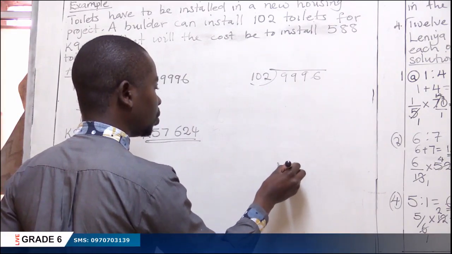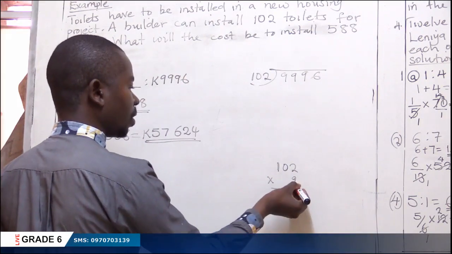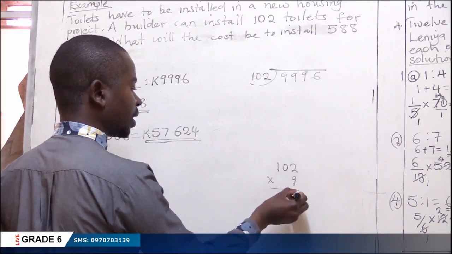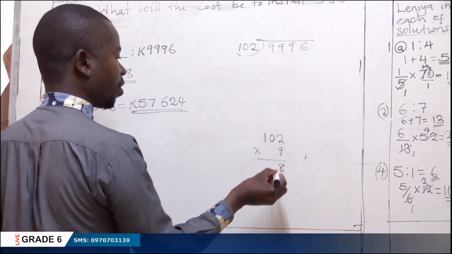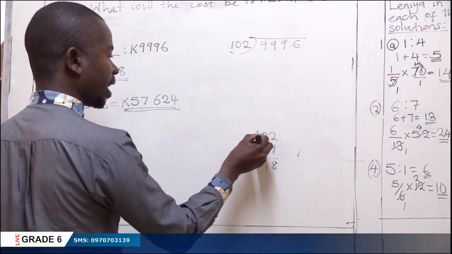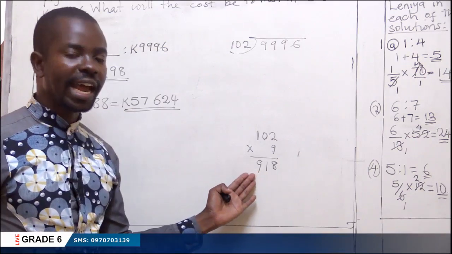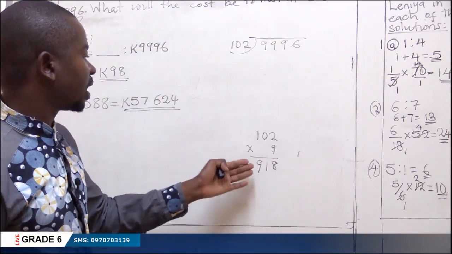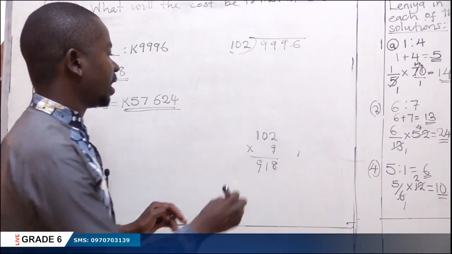So 102 times 9. 9 times 2 is 18, which is 8, carry 1. 9 times 0 is 0, plus 1 is 1. 1 times 9 is 9. So it has given us 918.